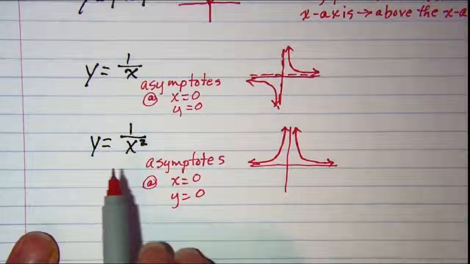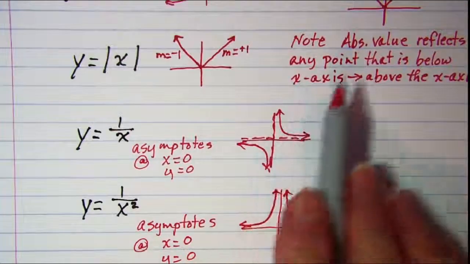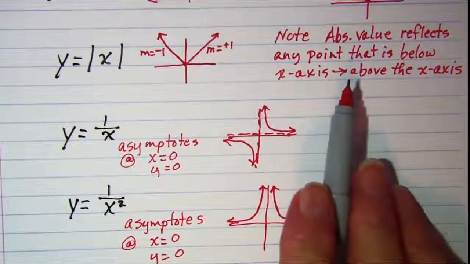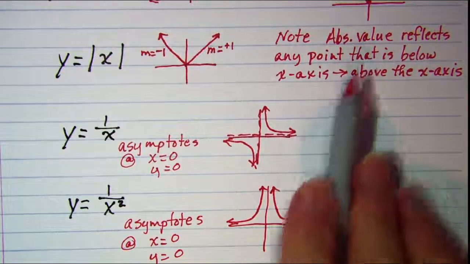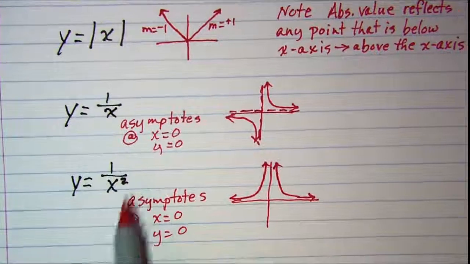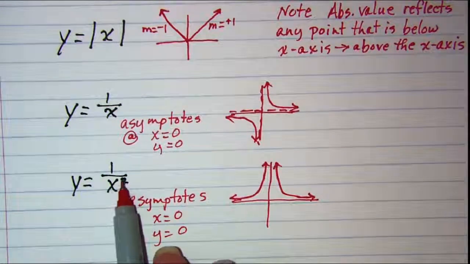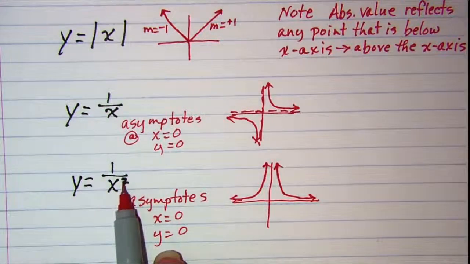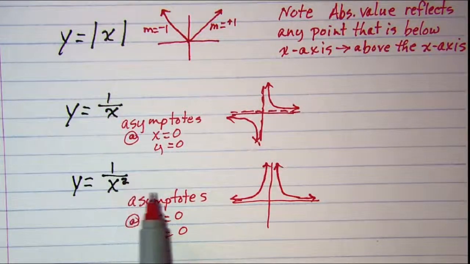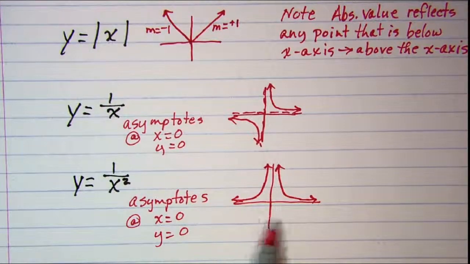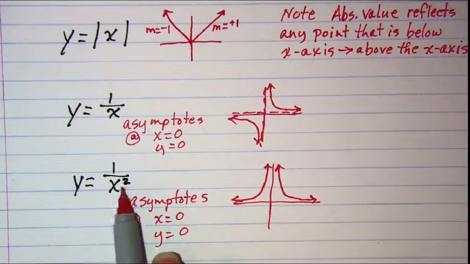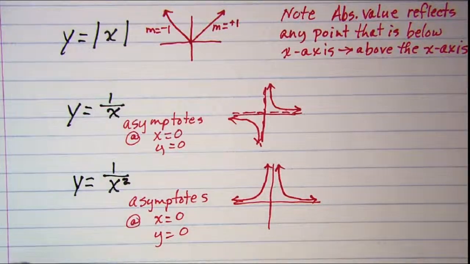And it's interesting, we set up here that absolute value reflects a point that's below the axis up above the axis. Squaring does the same thing, but it also changes the graph a little bit in that it stretches it. So you won't have anything below the axis when you square a graph as well.